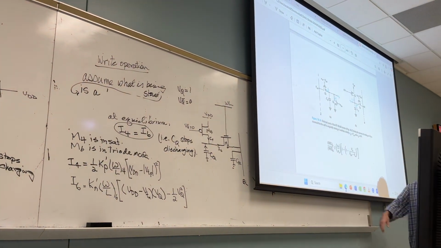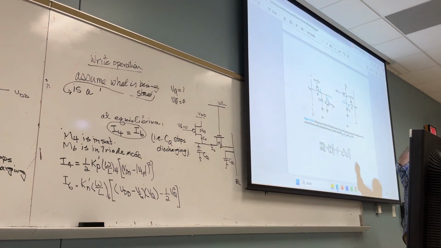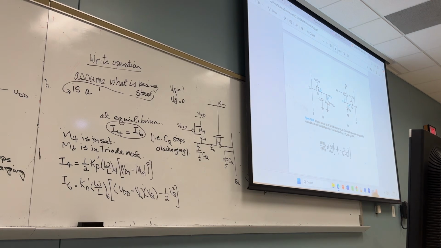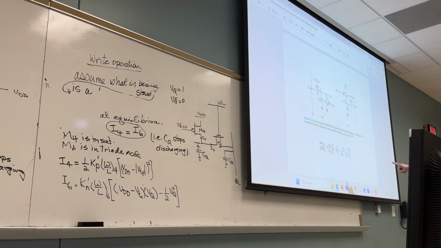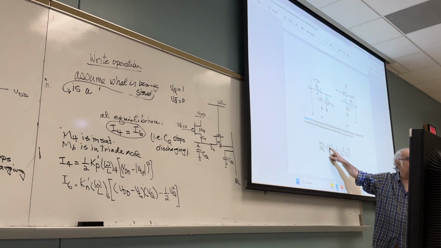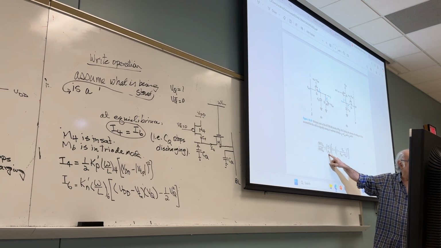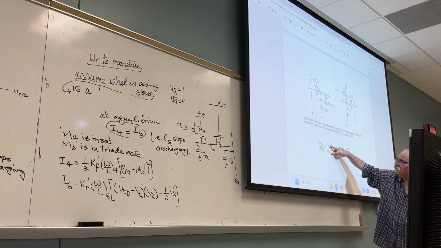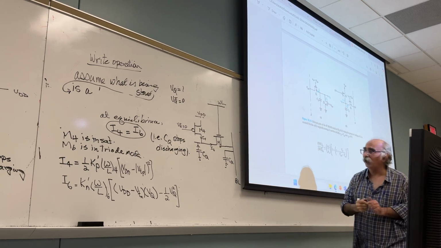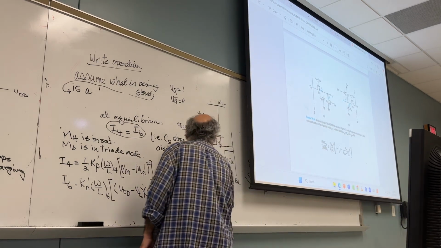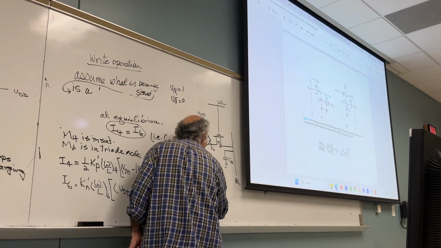Okay. This is not as straightforward as the previous one. Can you tell me why? This one depends on the process, because one of them is NMOS and the other one is PMOS. By the way, where does this come from? Kn prime is what?